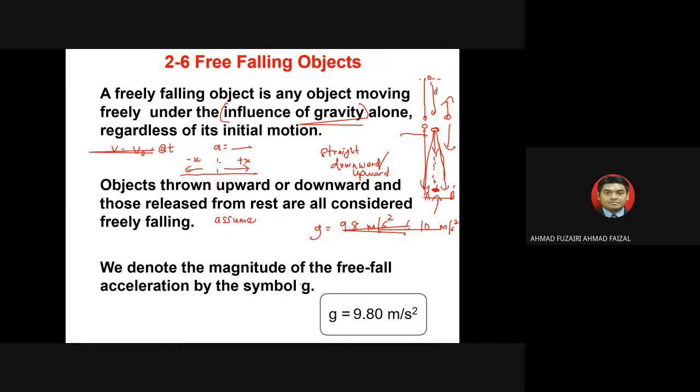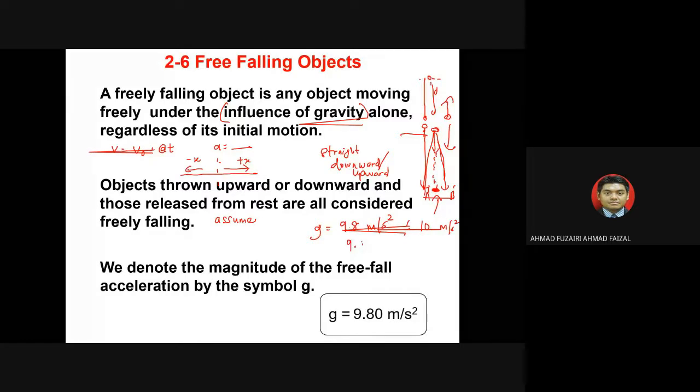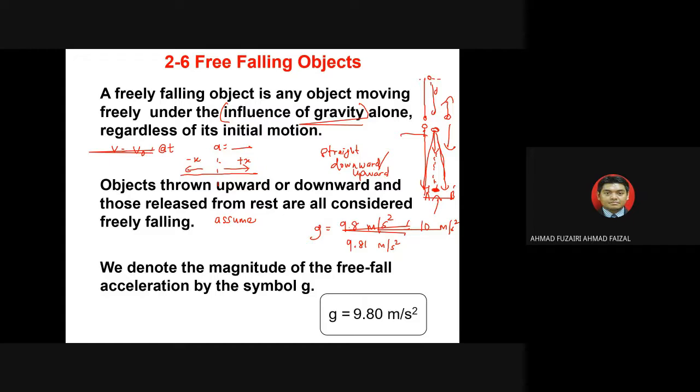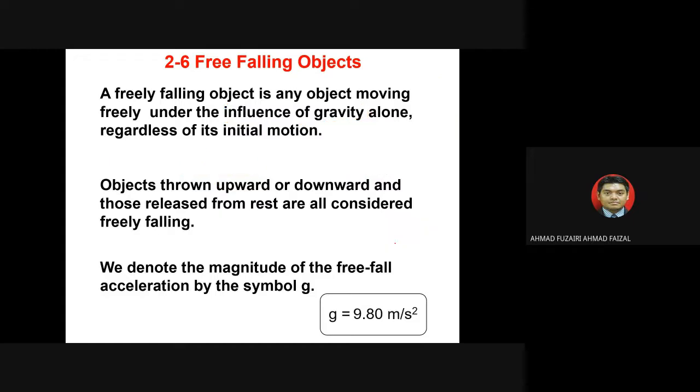Use 9.8 meter per second square instead of 10, because this is the gravity value that we will use at the university level. Sometimes we have 9.81, depending on the book that we use. But in this textbook, we will use 9.8 meter per second square.